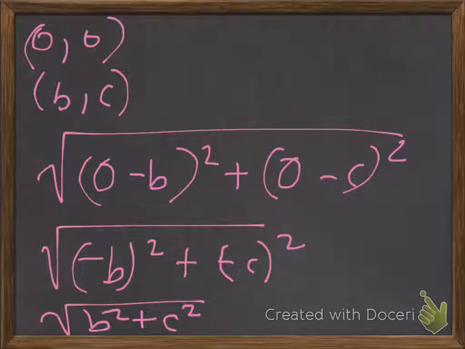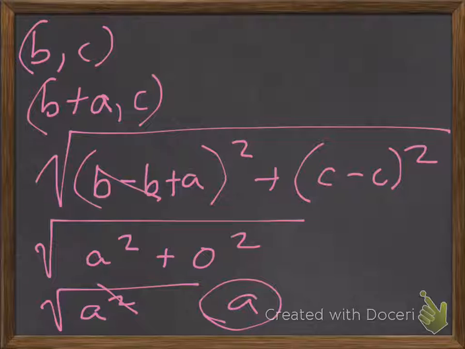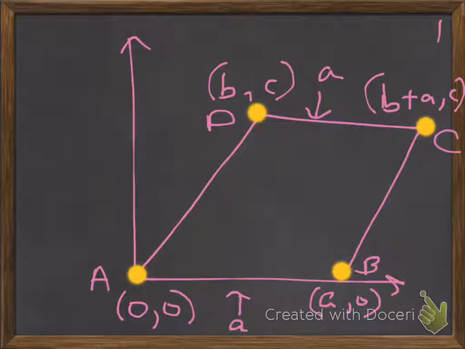So B squared plus C squared, square root of that. Let's see if we get the same thing for BC.